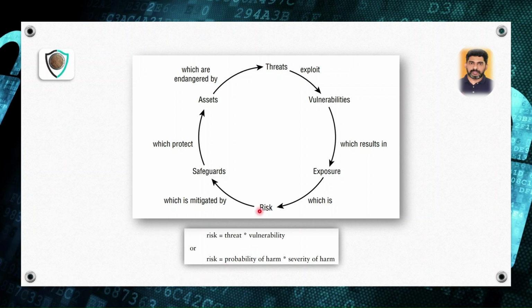So what is given here is the two ways in which risk can be represented. Risk can be represented as a function of threat and vulnerability, because ultimately it is the threat and vulnerability that leads to exposure and the likelihood. Or it can also be written as risk is equal to probability of harm times severity of harm.